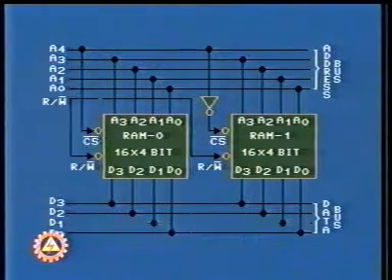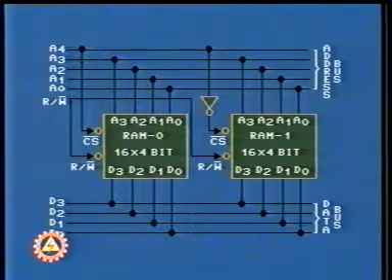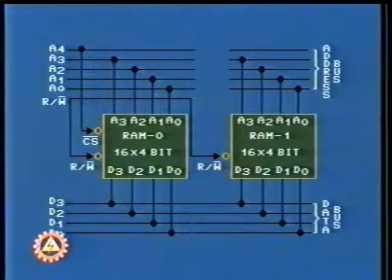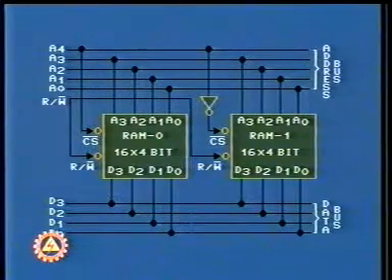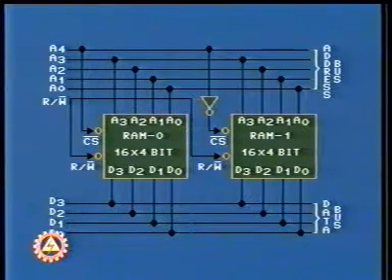The CS bar input provides RAM 0 page address as 0 and RAM 1 page address as 1. Here, the starting address of the memory block is 0. The starting address of a memory block is called its base address.